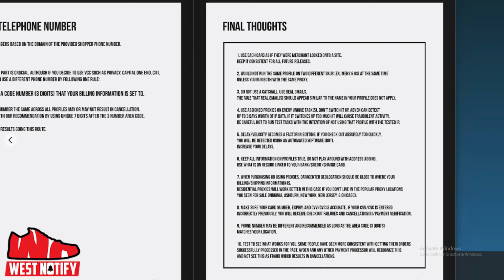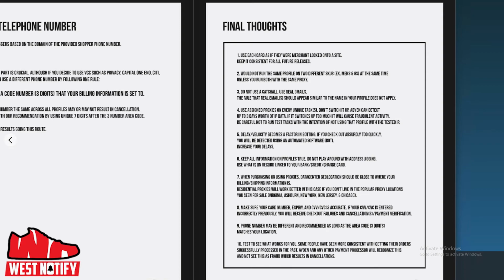Number 7, when purchasing or using proxies, data center geolocation should be close to where your billing and shipping information is. Residential proxies will work better in this case. If you don't live in the popular proxy locations you've seen for sale, like Virginia, Ashburn, New York, New Jersey, or Chicago, there's flexibility.